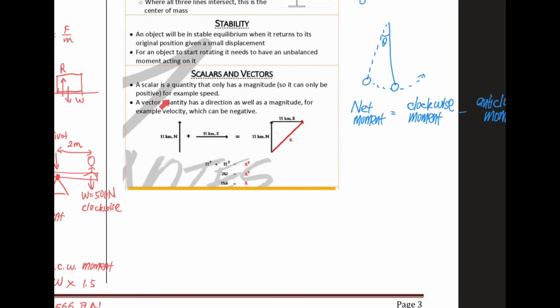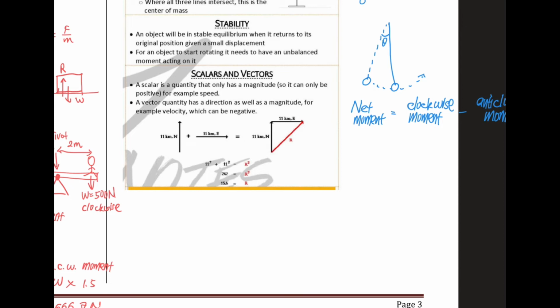So no direction, only magnitude. A vector quantity has a direction as well as a magnitude. For example, velocity. A vector quantity can be positive or negative. Displacement is also a vector quantity.